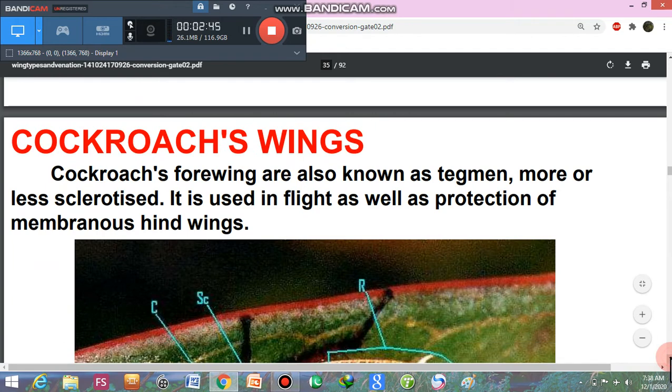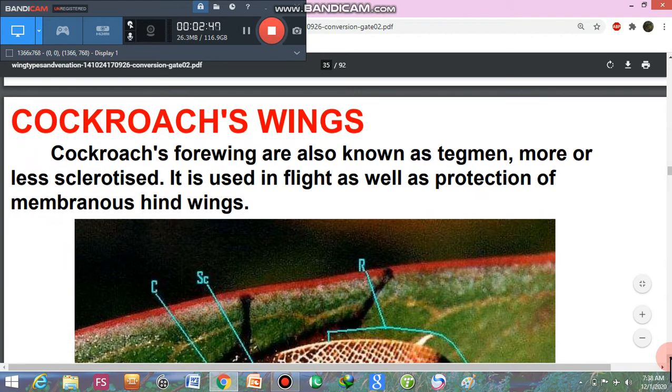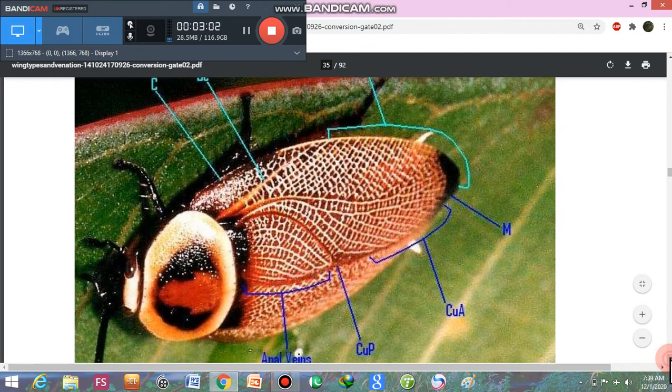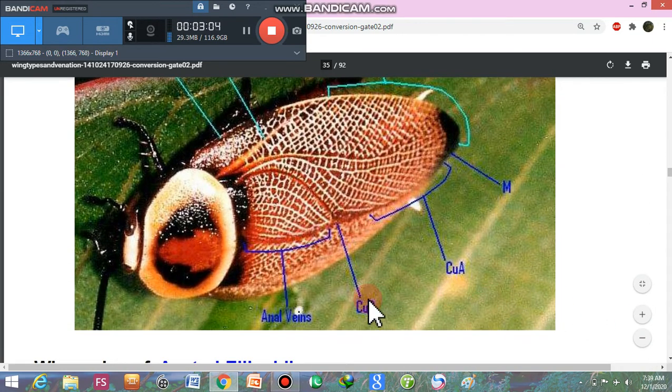Next is the cockroach wing. I already taught you the four wings of the cockroach; the forewings are known as tegmina, and they are less sclerotized, used in protection of the membranous wing too. This is the cockroach. Here you can see the veins. This is the anal vein.